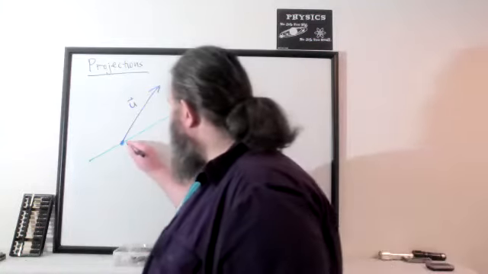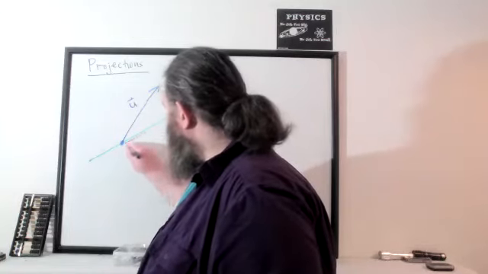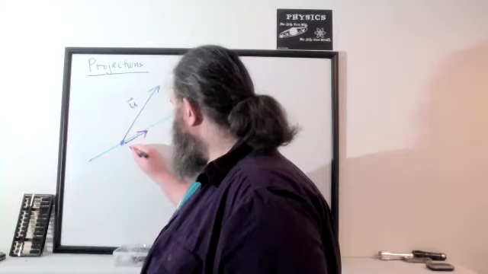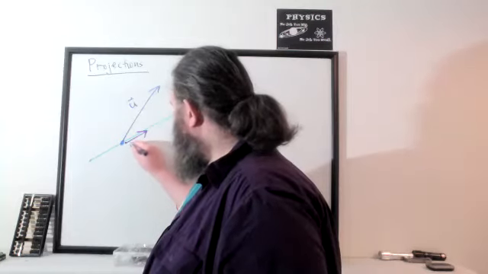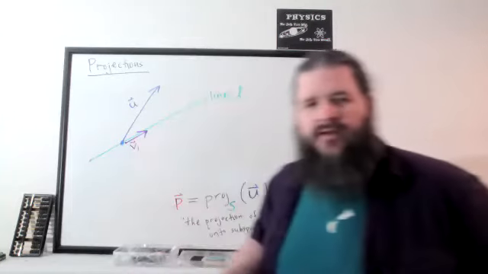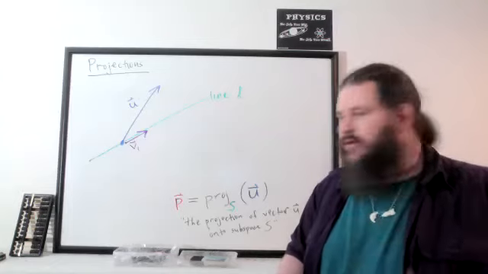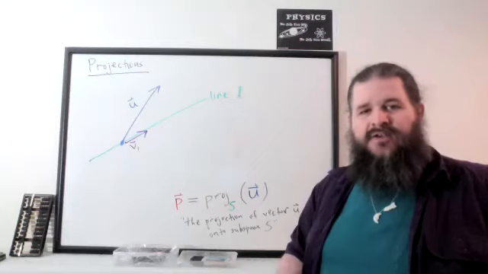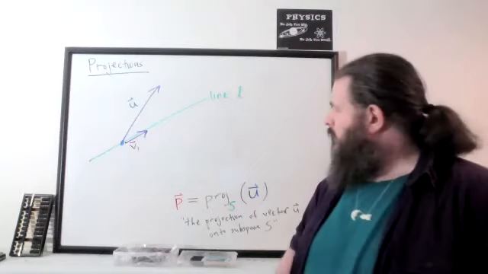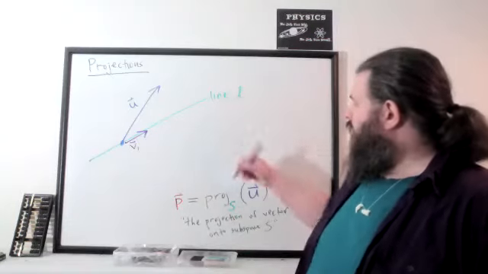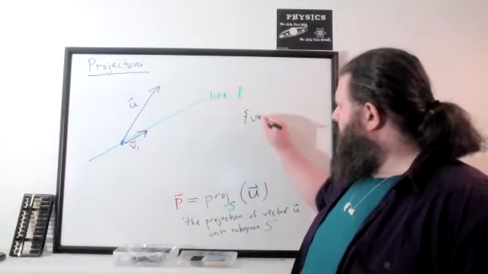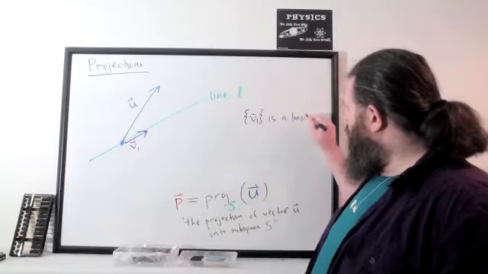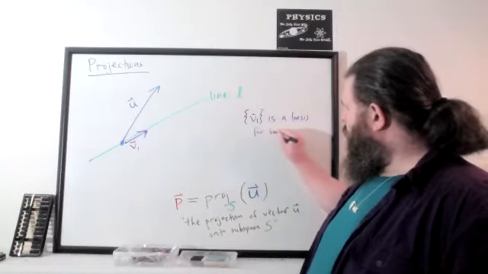So let's say we have a vector in the line, let's call this vector v1. If this were a two-dimensional subspace, we'd use v1 and v2. But v1 is the only vector that's needed to span this line. So v1 is a basis for subspace L.